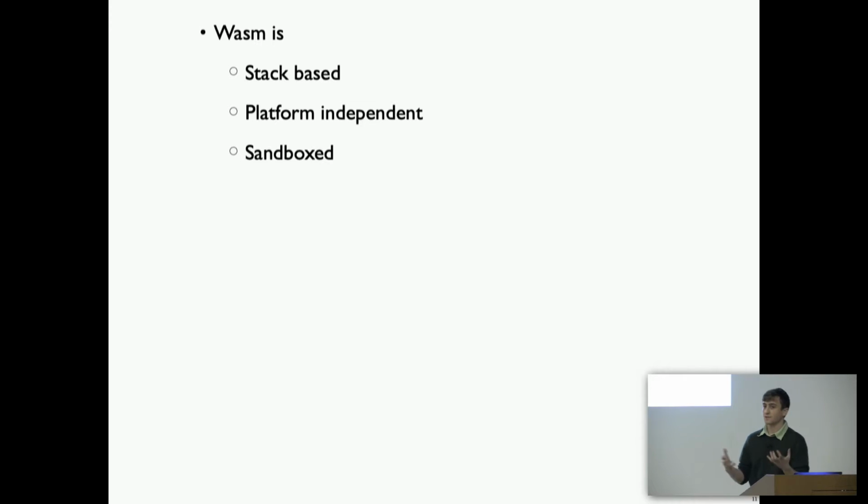Wasm is the executable format for a stack-based virtual machine, which means that it is platform independent. Its semantics are formally specified. It is sandboxed, and by that I mean that the memory is isolated to within a module.